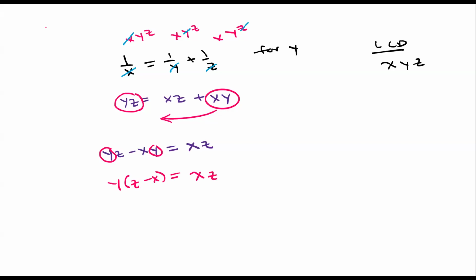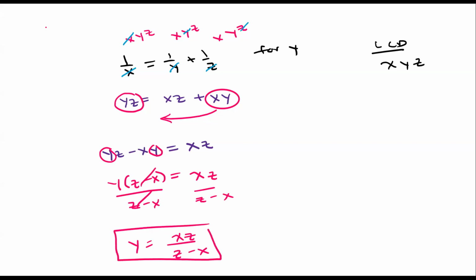Okay, so I just factored out the Y. Then we just divide both sides by Z minus X. Okay, so then the Z minus X cancels, and then our Y is equal to XZ over Z minus X. And that's our answer there.